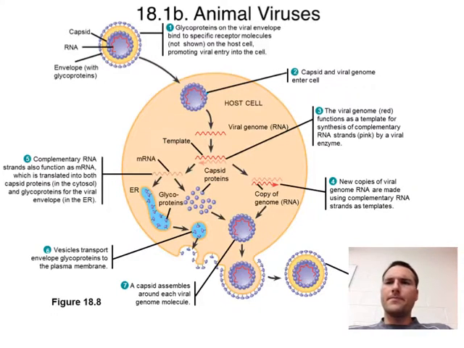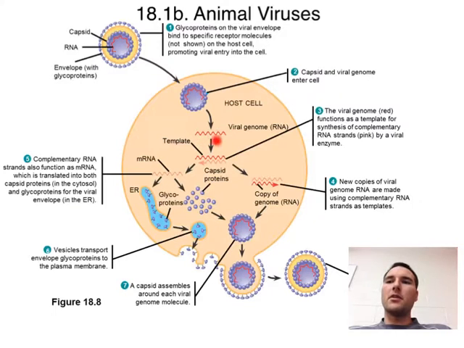So first of all, no details on this, but we're getting our virus inside of the host. Okay, so an animal cell here. Once it gets inside of the host, it breaks apart, and our viral single-stranded RNA is released.